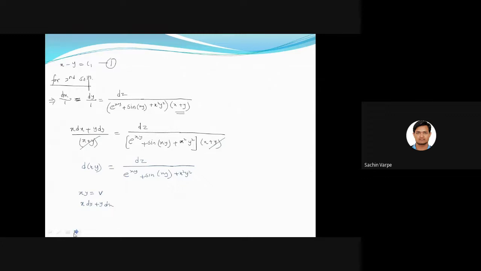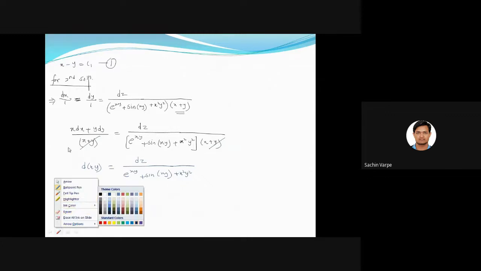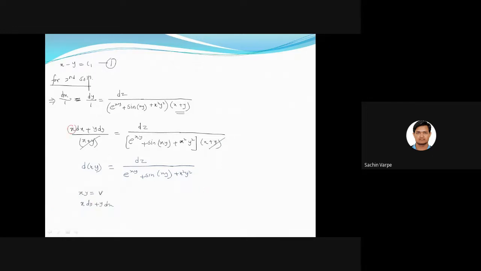Actually here I should multiply by reverse. Just a minute. See here, I'll multiply by y and here I'll multiply by x, so that I'll get x plus y in the denominator. Just check, okay. So y and x, so that this will be y dx plus x dy becomes dv, right?